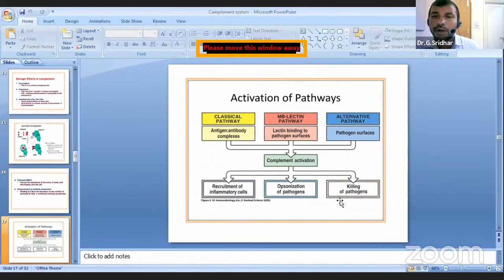The classical pathway, alternative pathway, and lectin pathway. In the classical pathway, antigen and antibody complexes activate it; in the lectin pathway, lectin binds to the pathogen surfaces; the alternative pathway is activated by the pathogen surface. All these pathways in the complement system also work for recruitment of inflammatory cells, opsonization of the pathogens, and killing of pathogens.